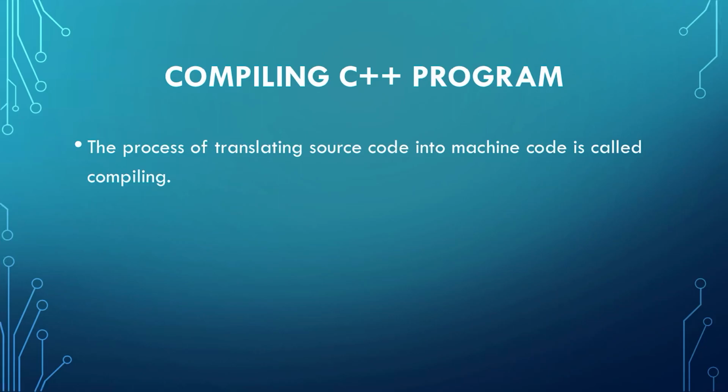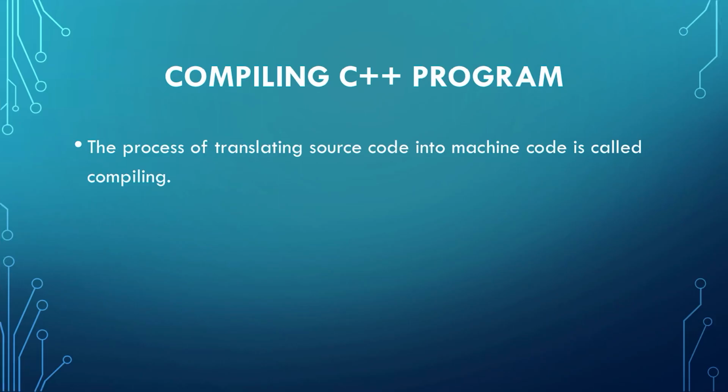Similarly, while compiling, if there is an error, it can be any type of error, compiling will not be completed. If there is no error in the source code, it will be translated into object code successfully. But if any error is found, source code will not be translated into object code. So compiler also checks for our errors or mistakes.